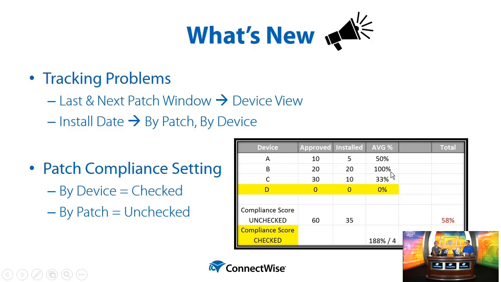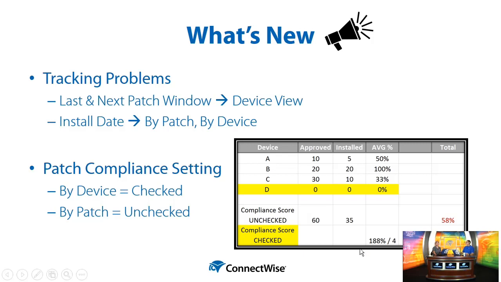So it's going to drive your score down. It's taking the average of all of those devices, so now we're looking at 188% divided by 4 devices. So it changes your compliance score by a little over 10% just based on one device not having any patch inventory.